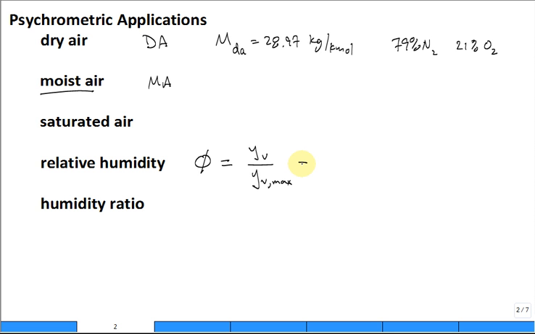Well, that's convenient, but you can also relate it to the partial pressure of the vapor in the current condition divided by its maximum partial pressure, which is its saturation pressure, Psat, at the same temperature. If you do get to be saturated air, that's when the relative humidity is equal to 100%. You can't hold any more.